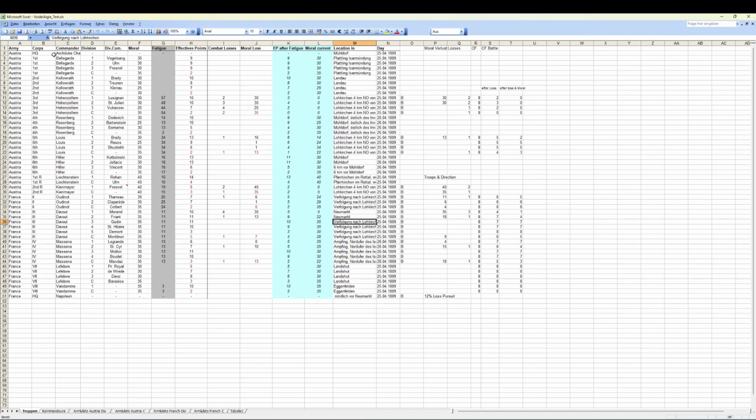This way, you usually only need to calculate the leading unit, and the rest follows behind. The column next to it only shows whether the unit has already moved in the round or not. Otherwise, it's too easy to lose track.